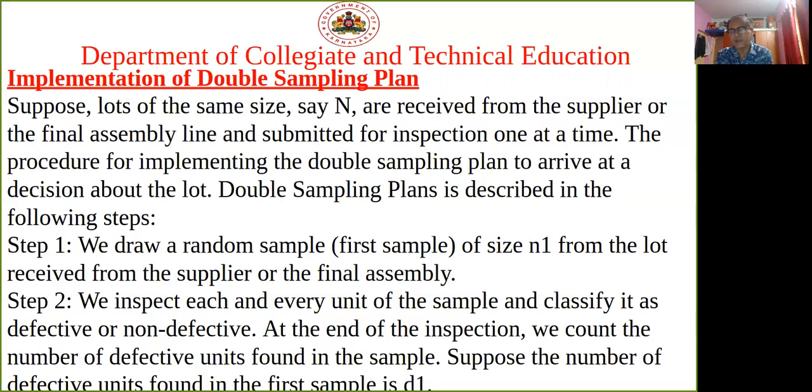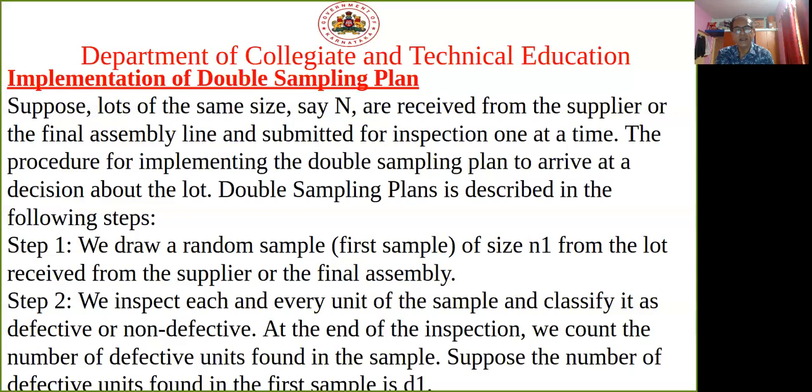At the end of the inspection, we count the number of defective units found in the sample. Suppose the number of defective units found in the first sample is D1. Here we are bothered about the defective samples, not the non-defective samples.